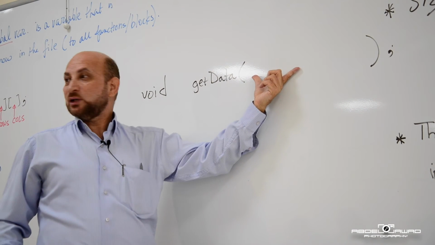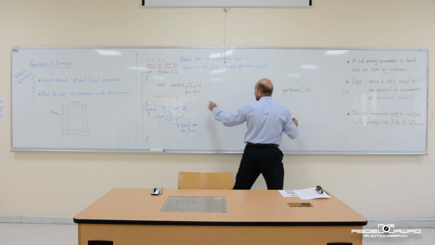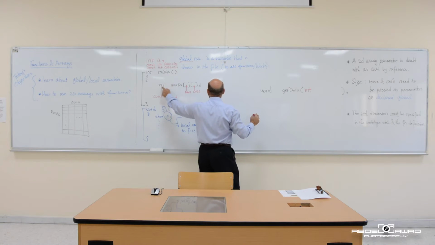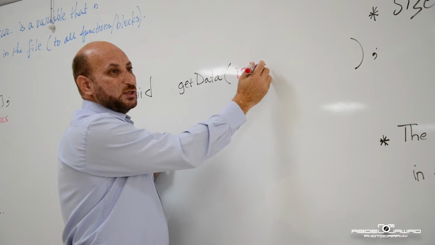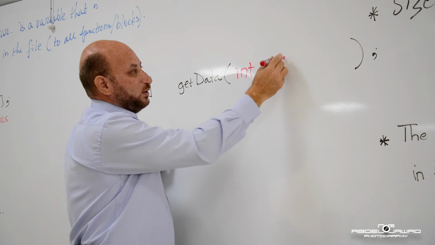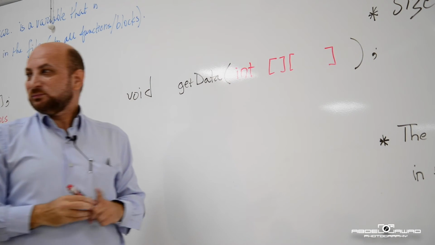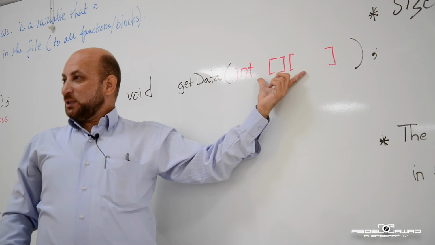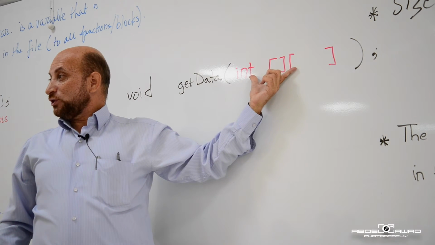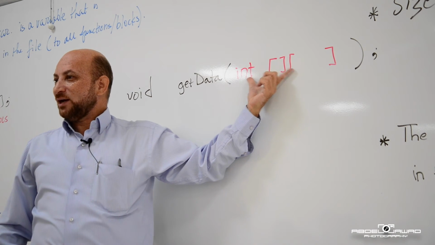So what do I need to write? Integer. My data structure is an integer table with how many dimensions? 1, 2. If the compiler sees such a statement, such parameter declaration, it knows for sure that this is a 2D array.